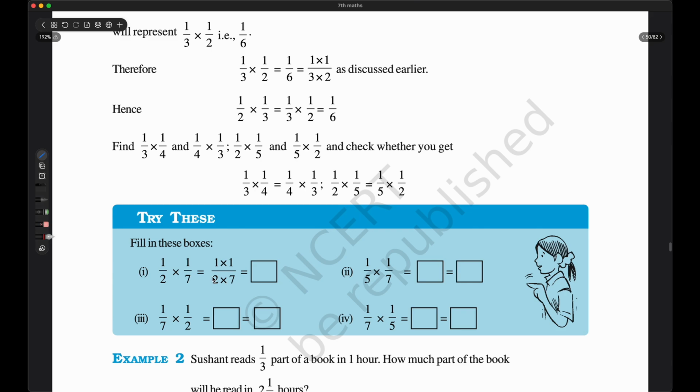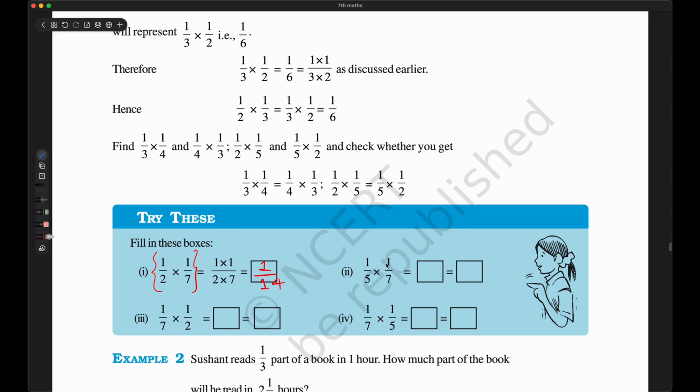Let us solve this. Try this. Product of two fractions, 1 by 2 into 1 by 7: the product of numerators is 1 into 1, and the product of denominators is 2 into 7, that is equal to 1 divided by 14.